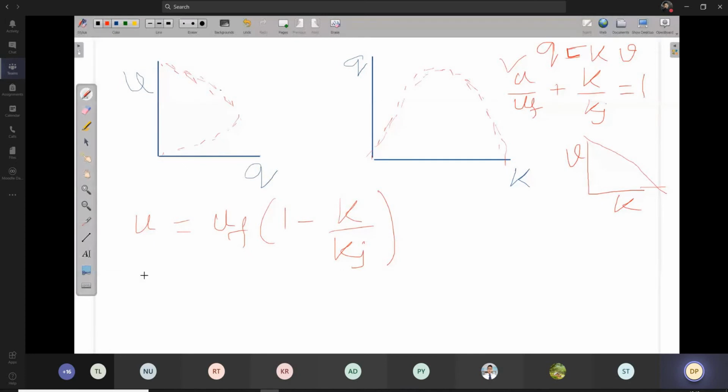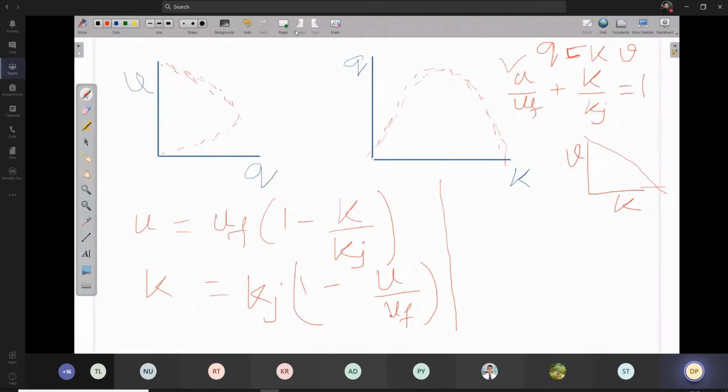Or otherwise, K is equal to Kj into 1 minus U divided by Uf. These are the two equations I can write from this equation.